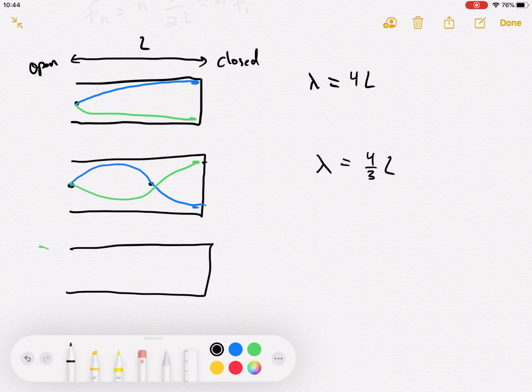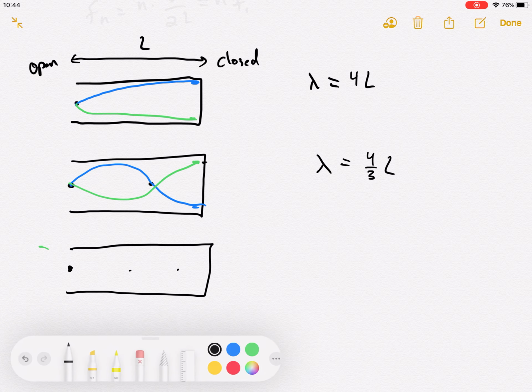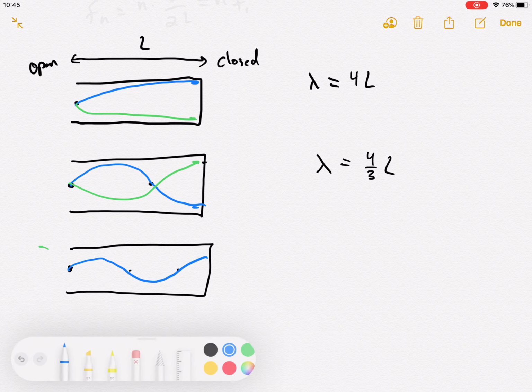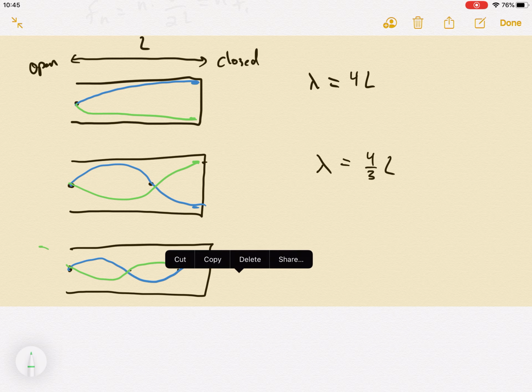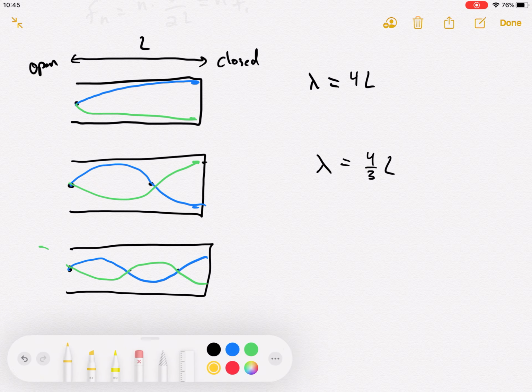So still have a node over here, and now I'm going to need 2 nodes in the body of this. That's pretty good. It's not the best thing. It's not terrible. Okay. So now it looks like there's 5 quarters, right?